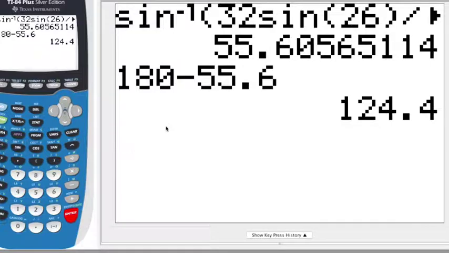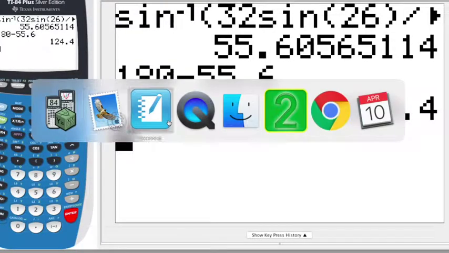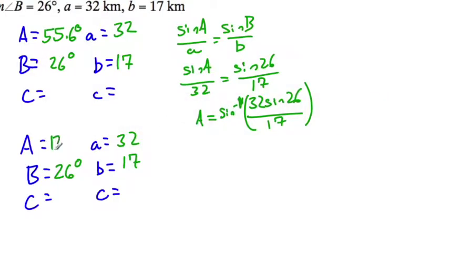That gives me 124.4. Now if I add up that 124.4 plus 26, that's going to give me 150.4. That would leave me with 29.6 degrees. That's a full triangle. That works.